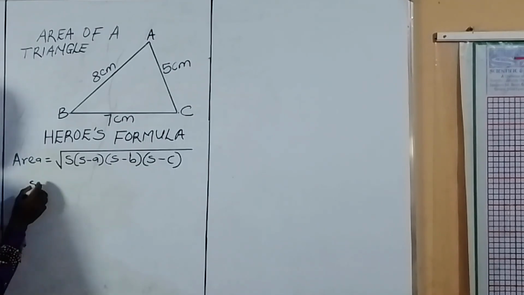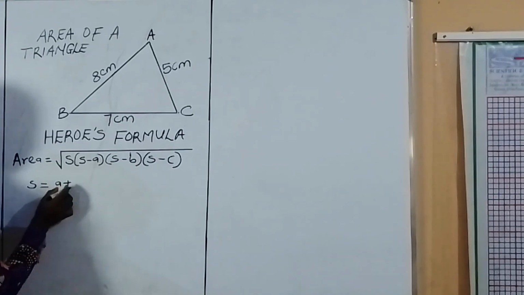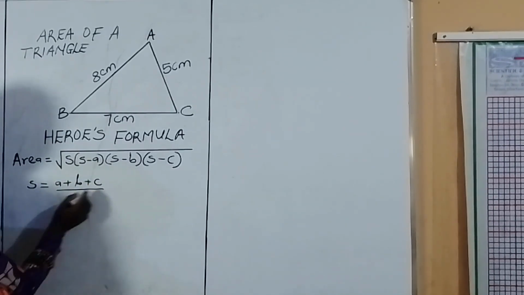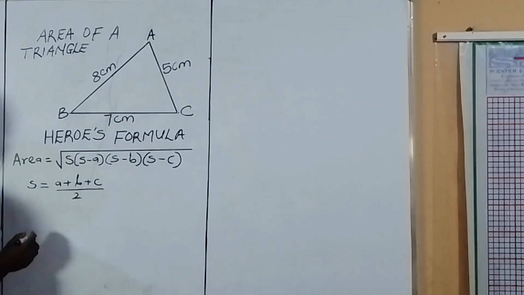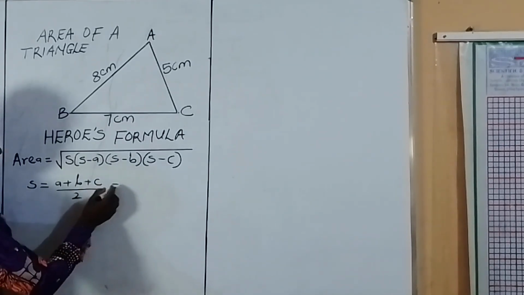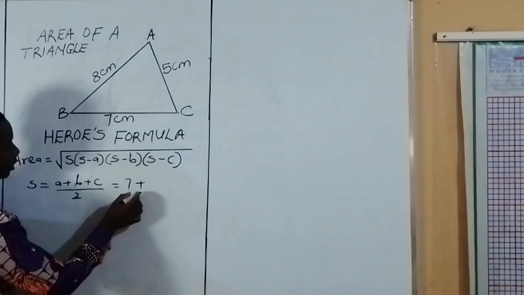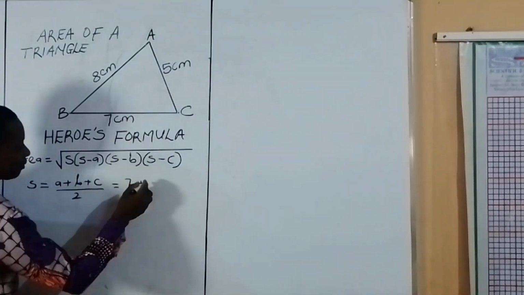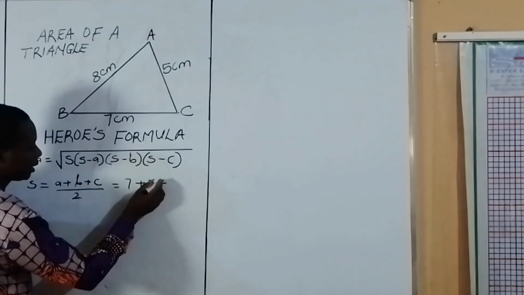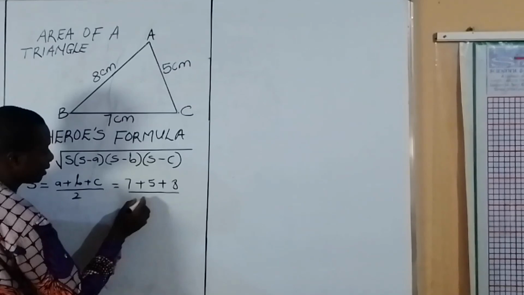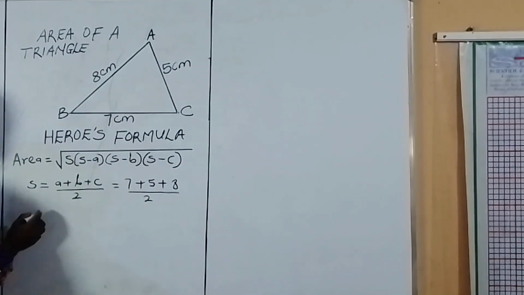So here, our semi-perimeter is equal to A plus B plus C divided by 2. So that means our A is 7, then B is 5, then our C is 8, then divided by 2.